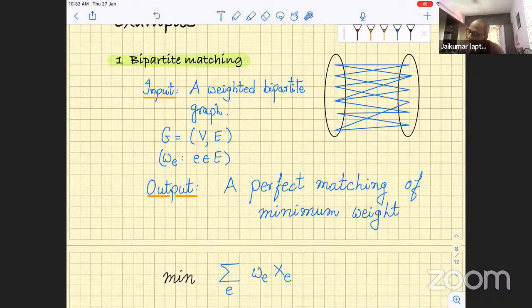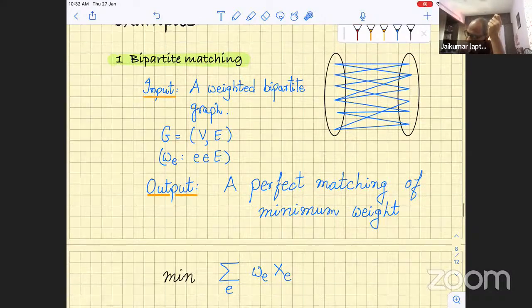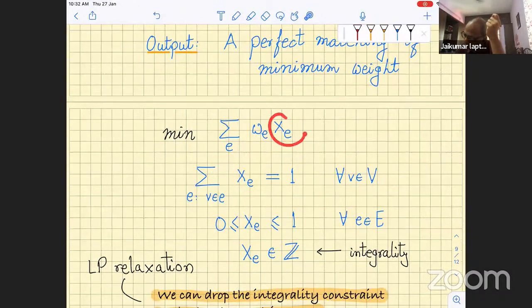And what we count in our objective function is the sum of the weights of the edges that we pick. So for each edge, we decide whether to pick it or not. So we have these variables which have to take the value 0 or 1.